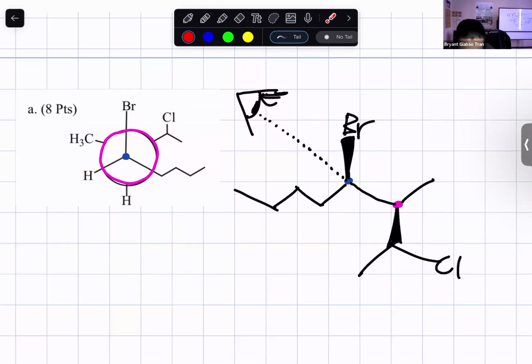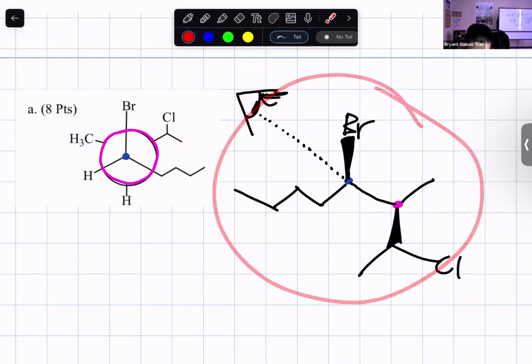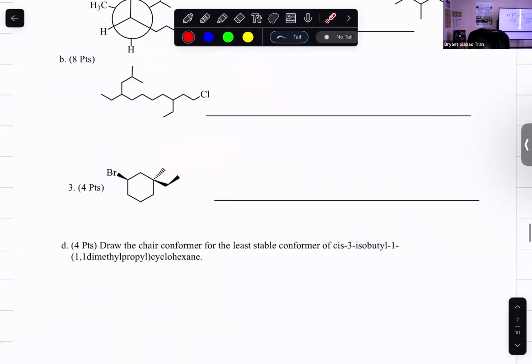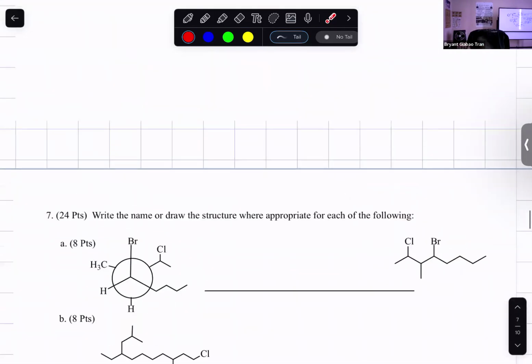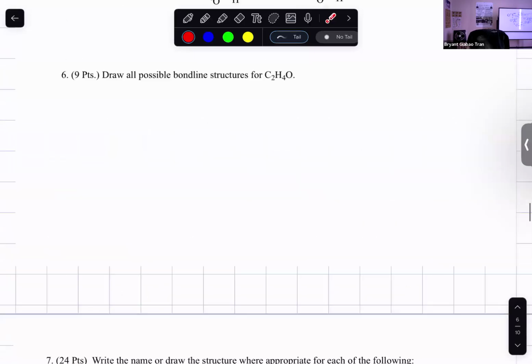So now this is where you would do the nomenclature name. But let me just double check I drew it correctly and check the key for this.